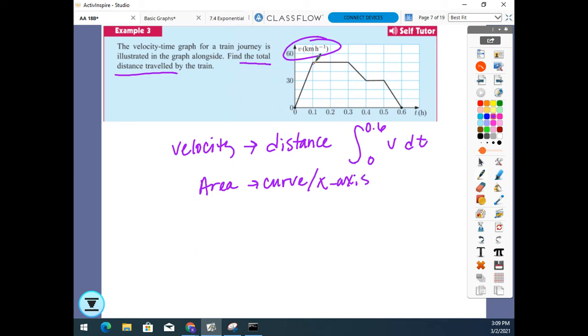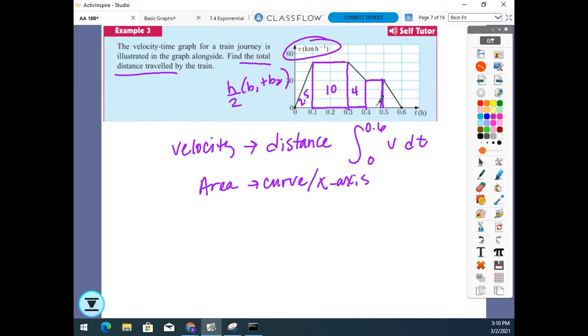So what I did is break it up into chunks, and I found the individual area of each piece. This is a triangle. I used 1/2 base times height and got 2.5. This is a rectangle, so base times height, I got 10. This is a trapezoid. Remember your trapezoid formula, h over 2 times base 1 plus base 2. This is 4.